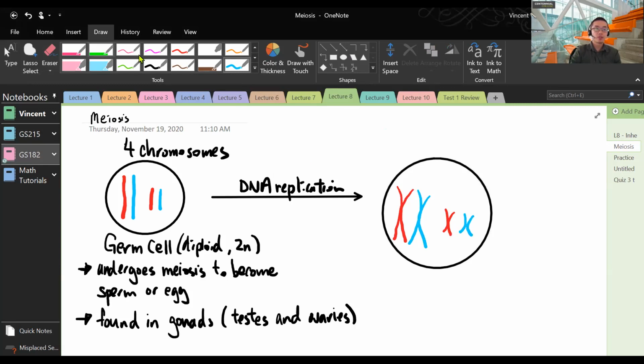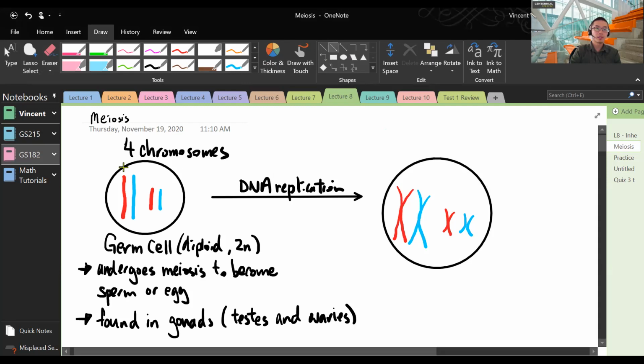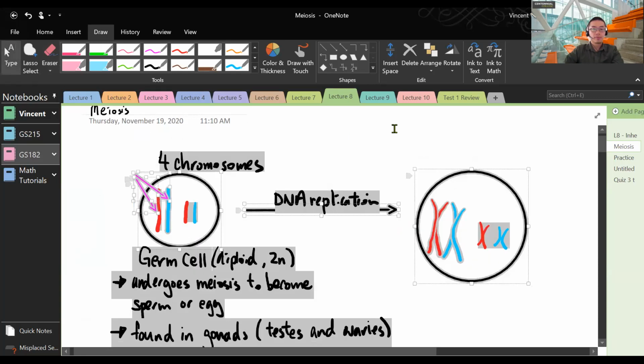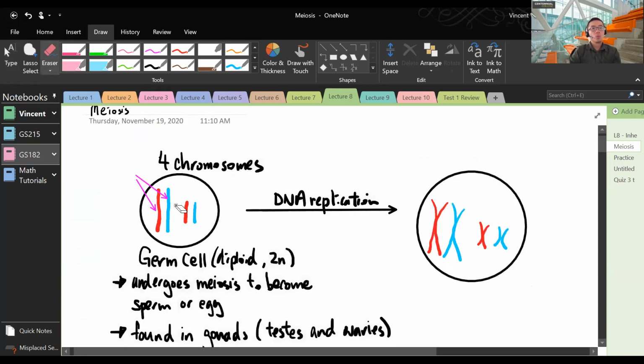Now I should mention, I forgot to talk about this earlier. This chromosome and this chromosome, what do we call them? What's the proper way of referring to them? The chromosome 1 here from mom, chromosome 1 here from dad.